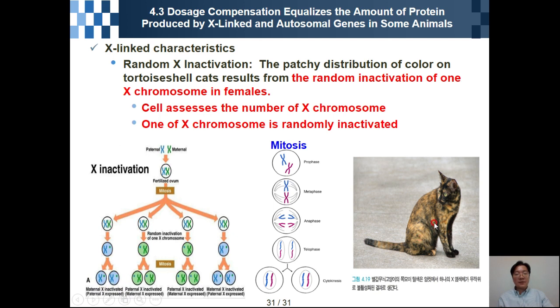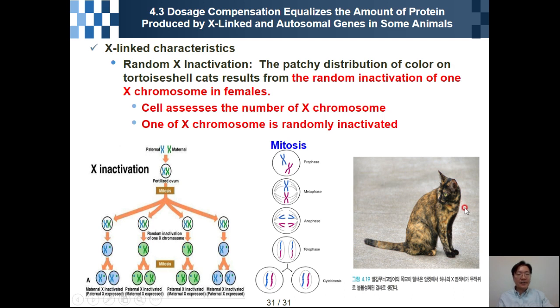For example, the black color comes from this one, and the brown color comes from this one. That's why they have the patchy distribution of color. This is due to the random inactivation of one X chromosome in the female. This kind of coat color only happens in the female.